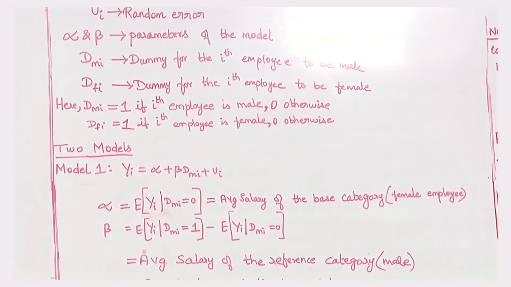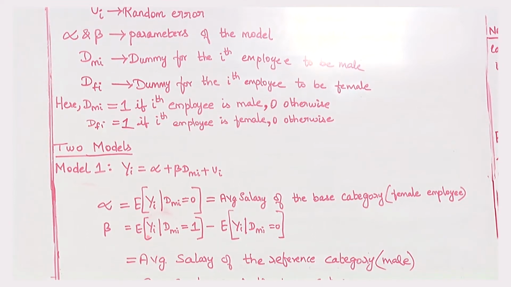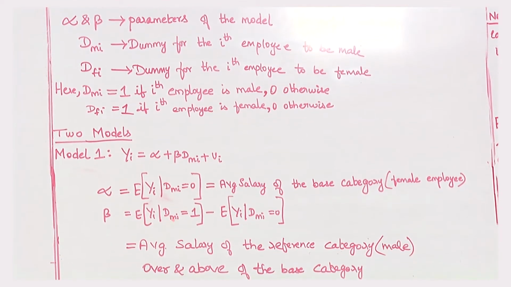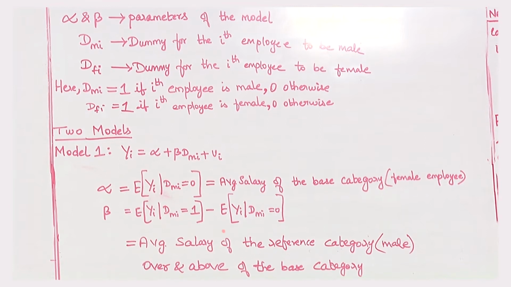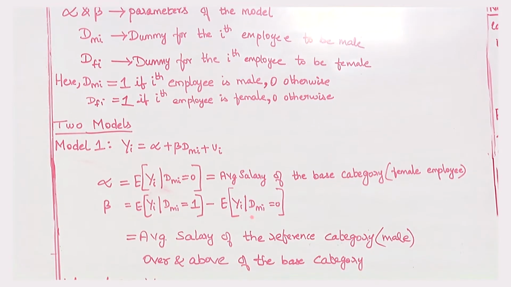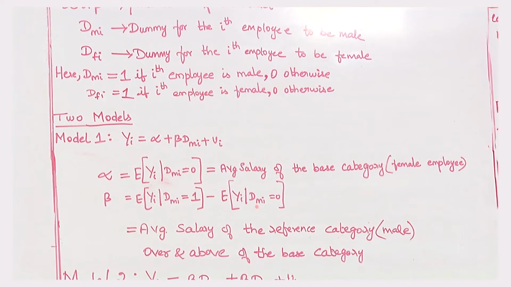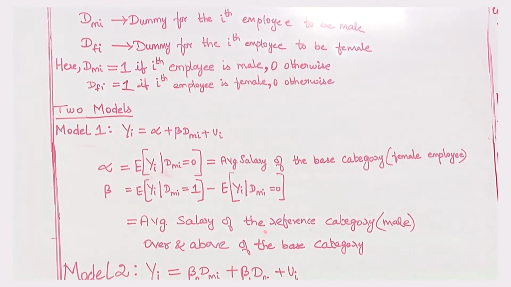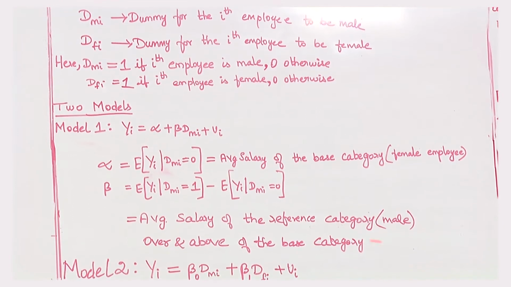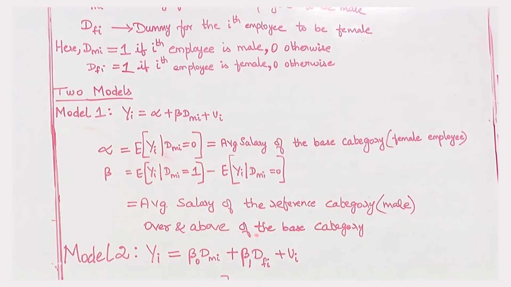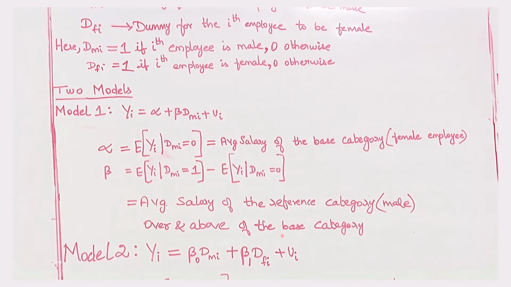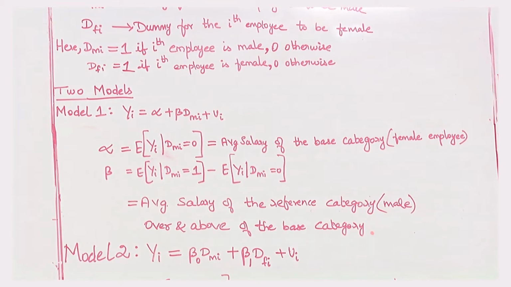Beta is equal to the conditional average of y given DMi is equal to 1 minus the conditional average of yi given DMi is equal to 0. That means, average salary of the reference category, here in this case male, over and above the average salary of the base category or benchmark category, in this case female employees.